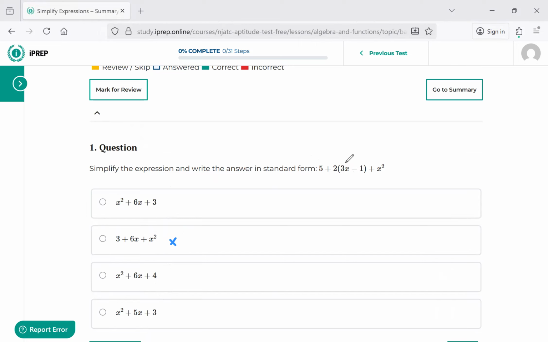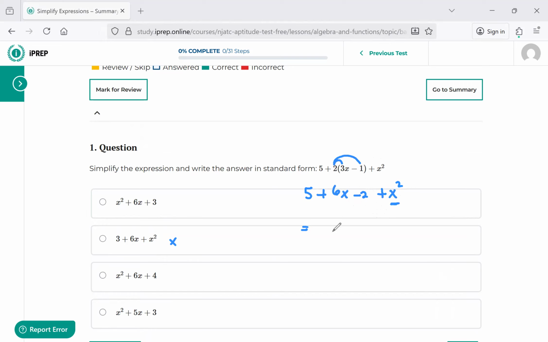What I would do first is the distribute. So FOIL this out. 2 times 3x is 6x. 2 times negative 1 is negative 2. Now do not FOIL the 2 with the x squared or the 5 because they're not in the parentheses. Instead, just bring them down. Then you have to collect like terms, going from highest power to lowest.